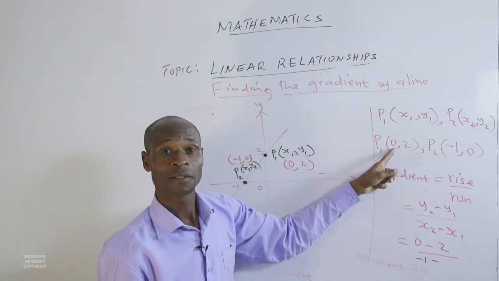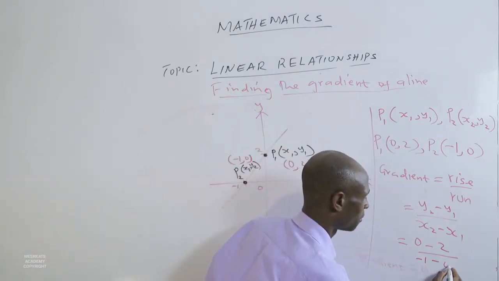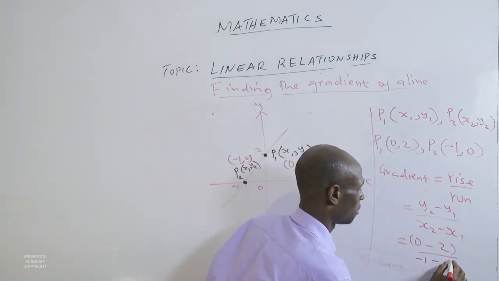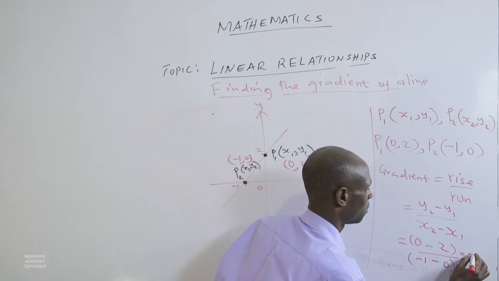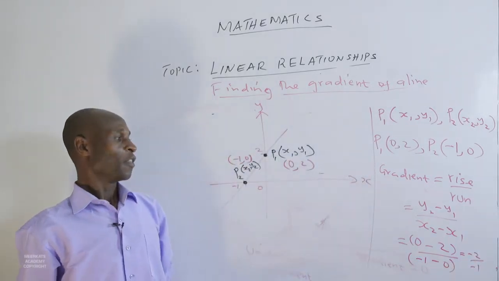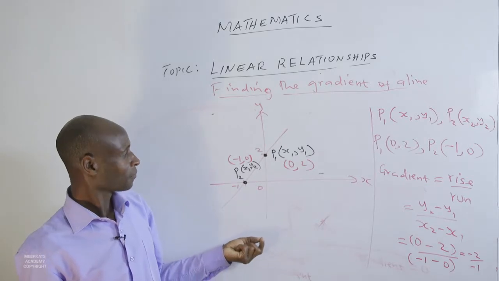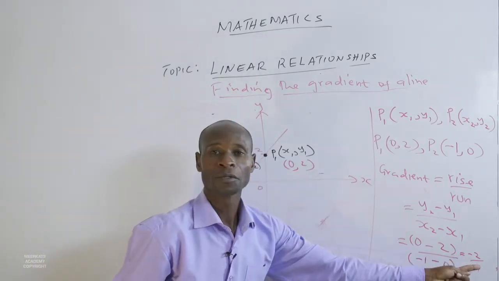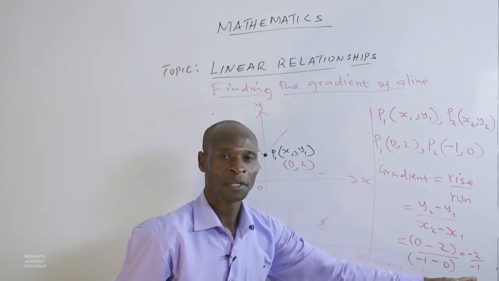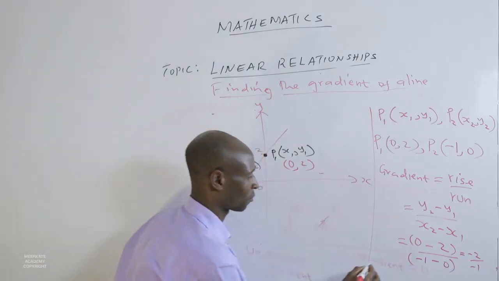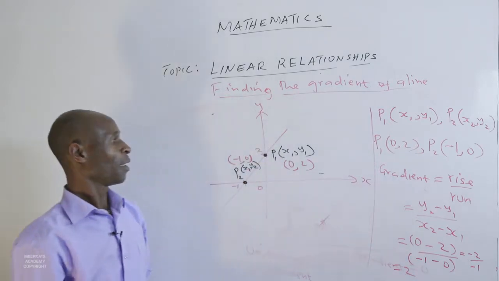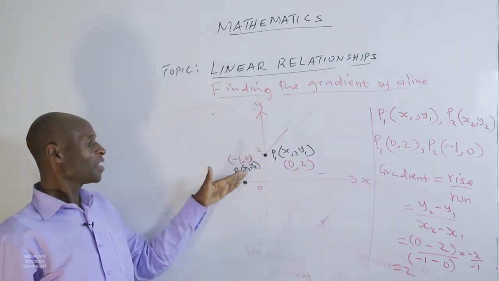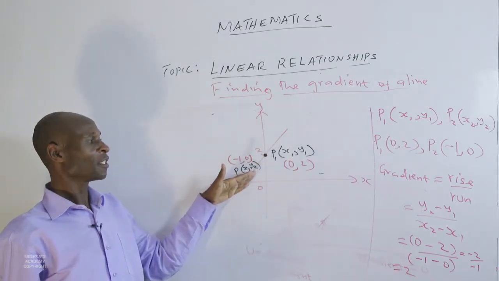Our x1 is 0. So the result is as follows. -2 divided by -1 gives us 2. That means the gradient of this line we have drawn is 2.